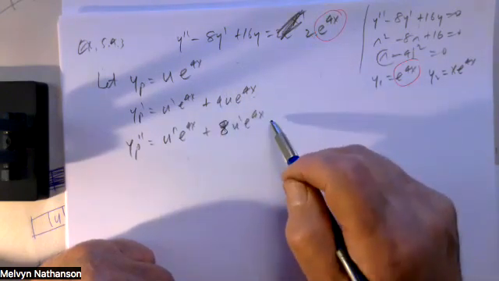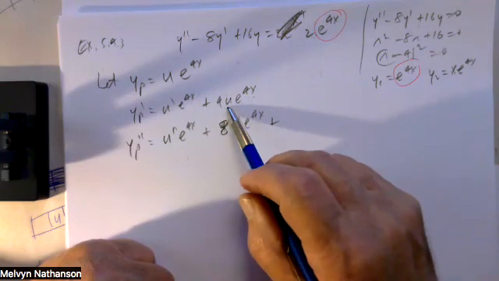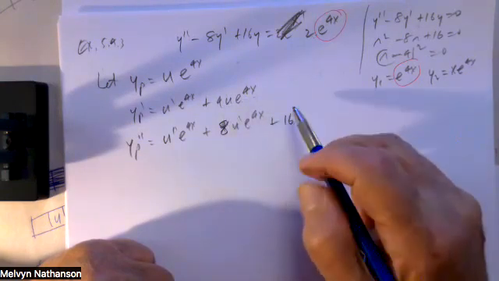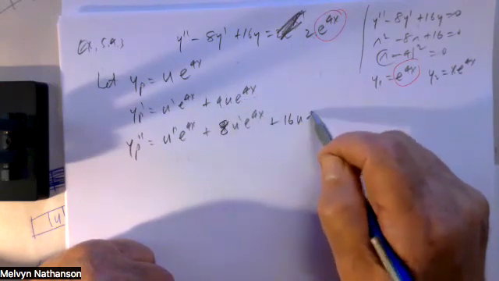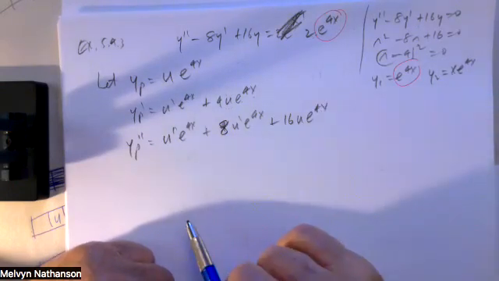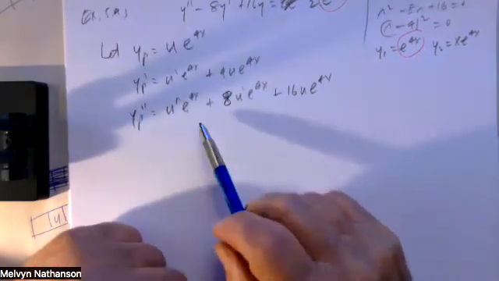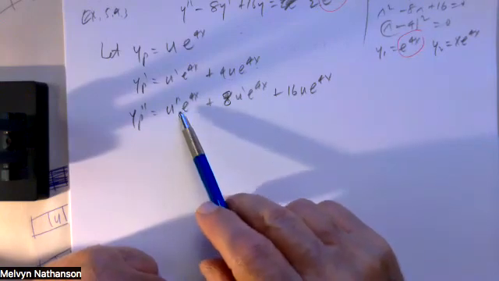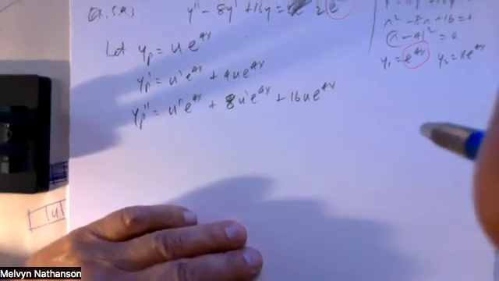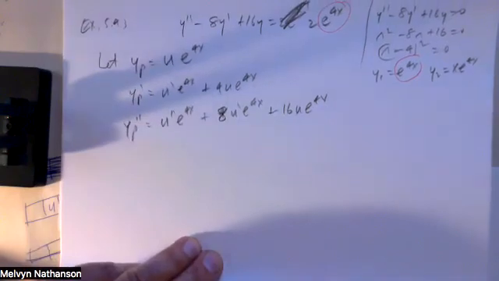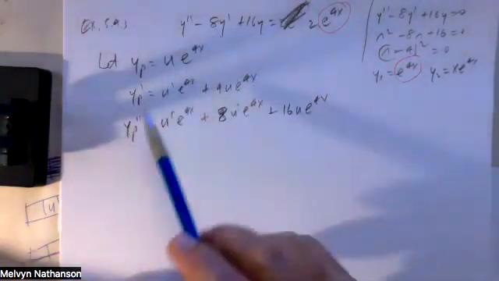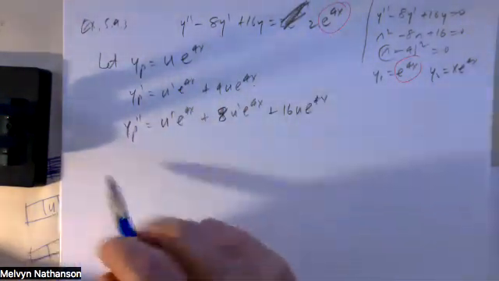That makes this an 8u'e^(4x), plus 4u times 4, 16ue^(4x). So this is just Calc 1.